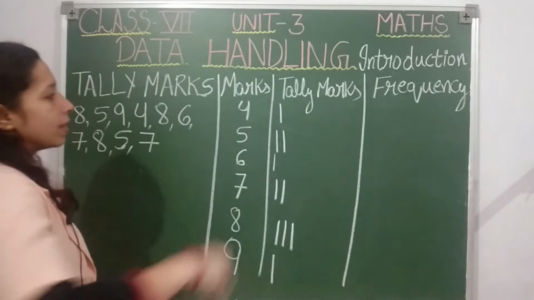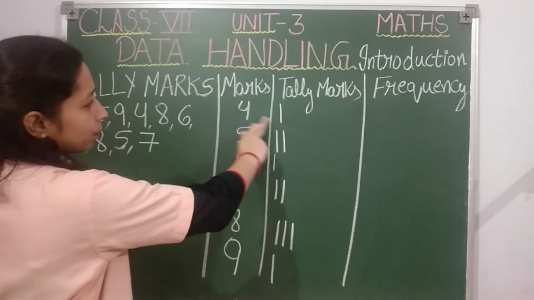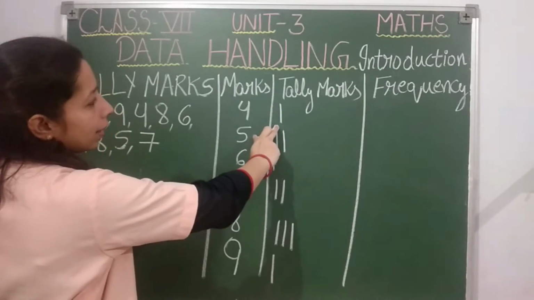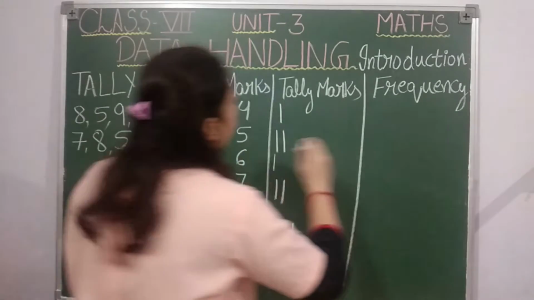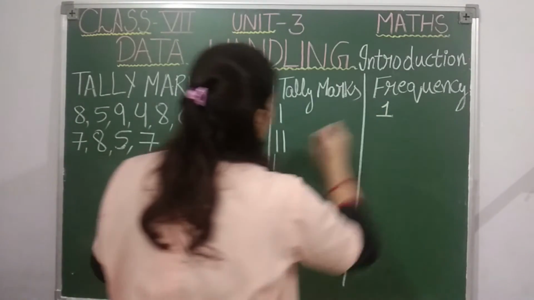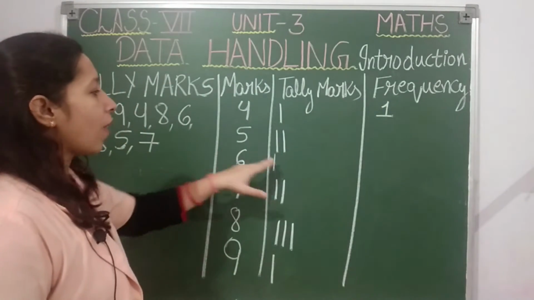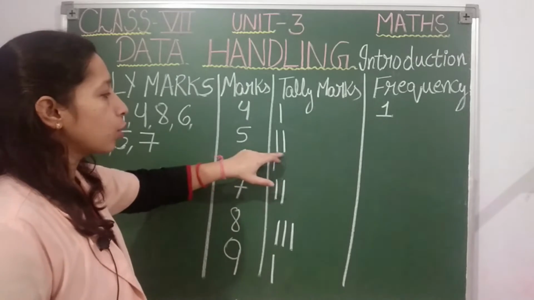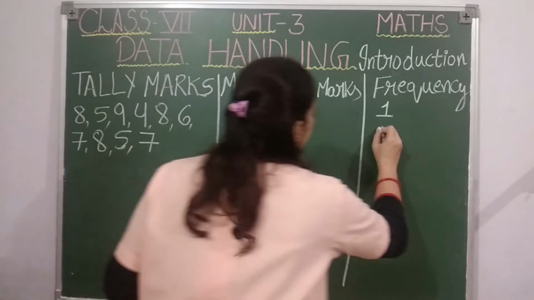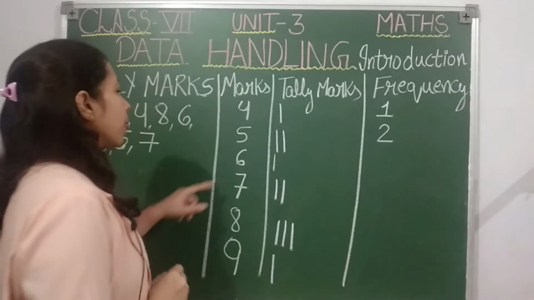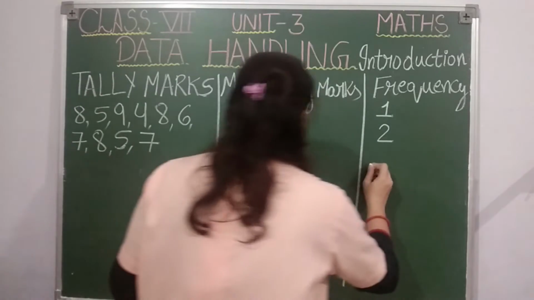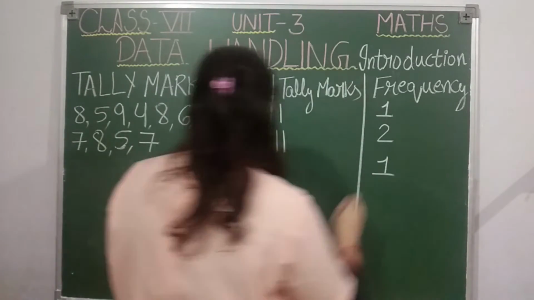So let us see students, how many students scored 4? How many marks are written? Only 1 mark. So 4 is scored by only 1 student. Then next 5. For 5, how many telemarks have you drawn students? 2. That means 2 students scored 5. Then 6. Only 1 student has scored 6. Then 7.